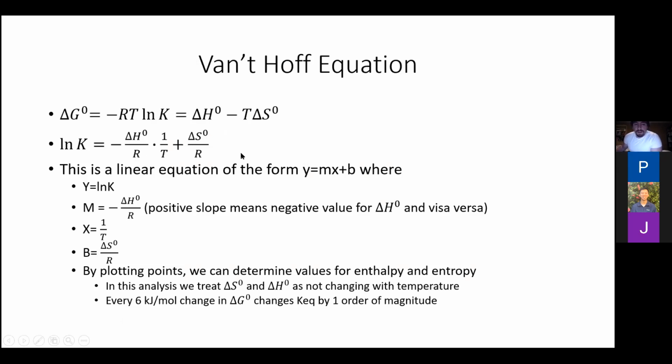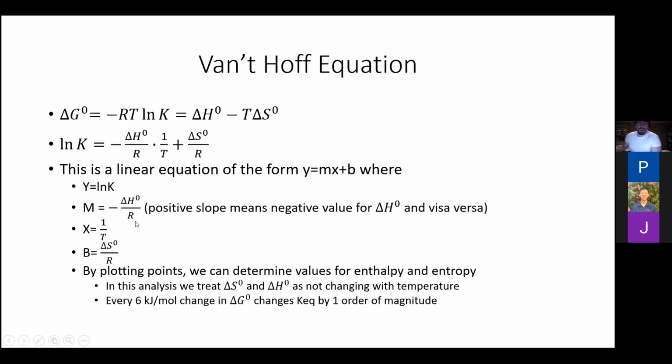You can treat it as a linear equation of the form y equals mx plus b. Your y value is ln K, your slope is minus delta H over R, which could be positive or negative depending on whether the reaction is endothermic or exothermic.